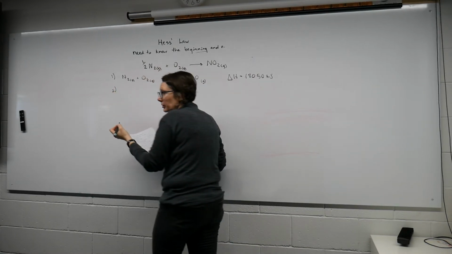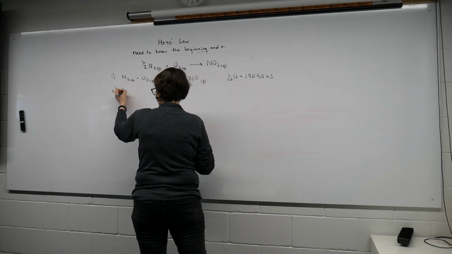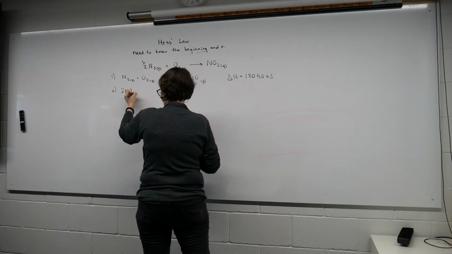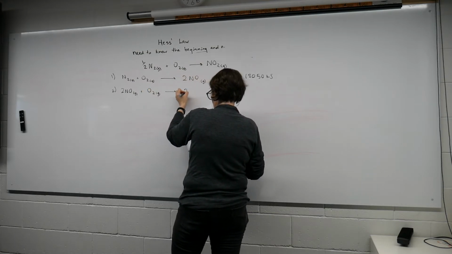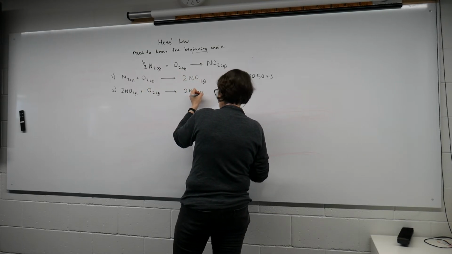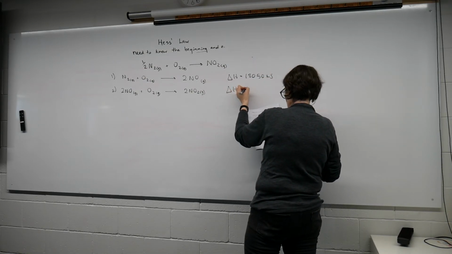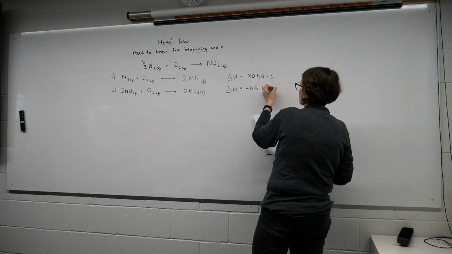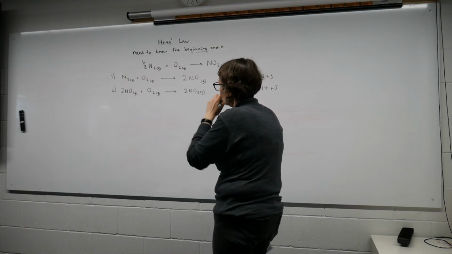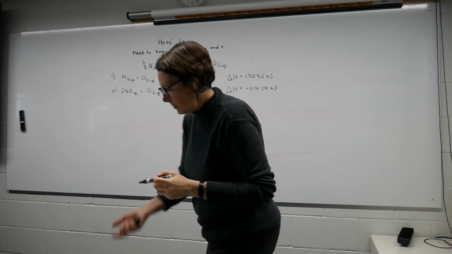We should only say kilojoules per mole when we have a mole as well, otherwise our units should be just kilojoules. Then NO gas plus O2 gas goes to 2NO2 gas. Delta H equals minus 194.14 kilojoules.